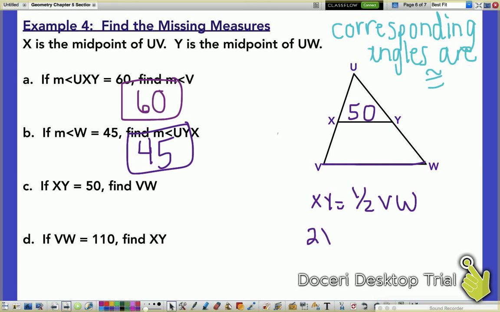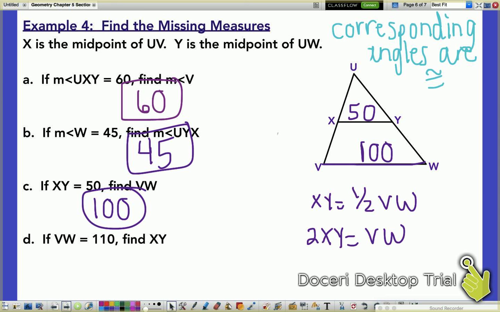So 2 times the mid-segment would be VW. So 2 times 50 is 100. So that's VW. And like I said, now D is a completely separate problem.